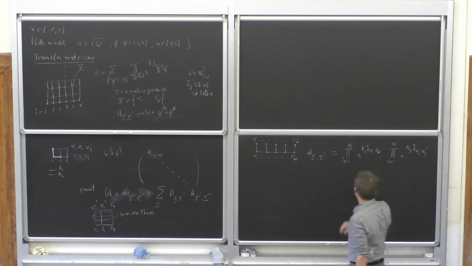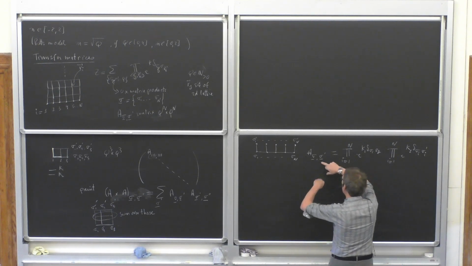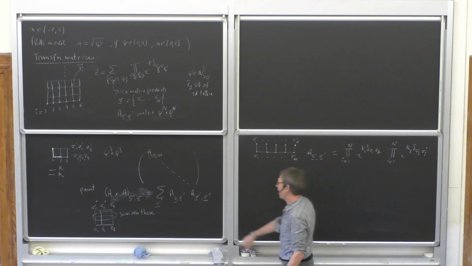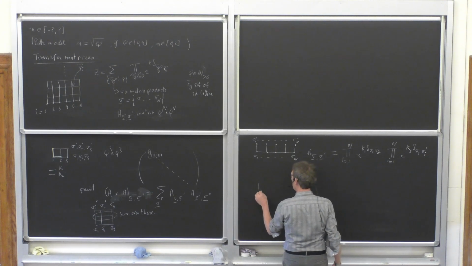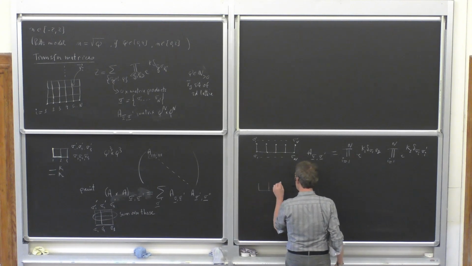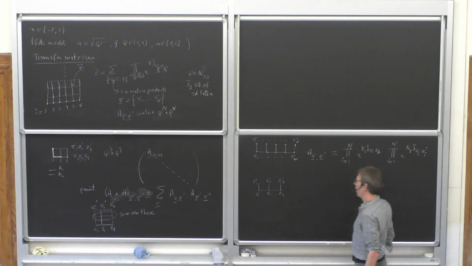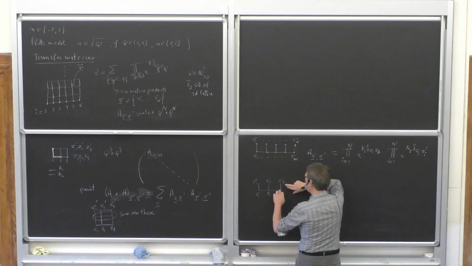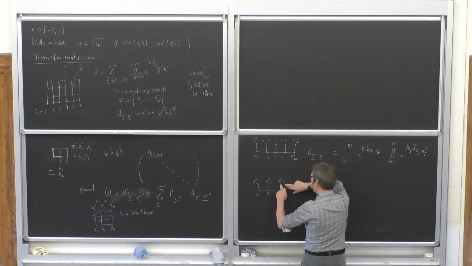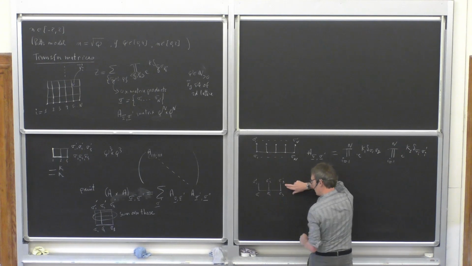And now the point you see is that when I multiply an A with another A, like I explained here, what am I going to get? Well, for a given sigma and sigma prime, because of this choice, the matrix element will be exactly the contribution to the Boltzmann weight coming from these edges.